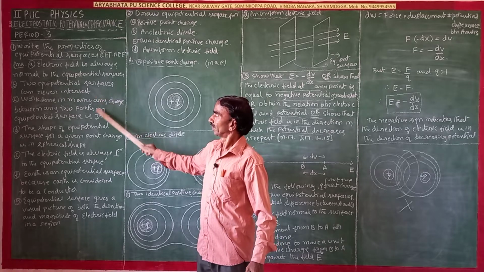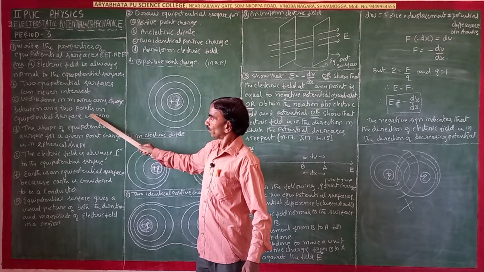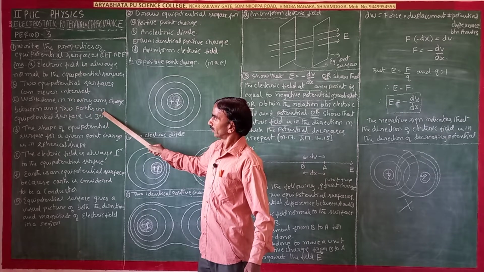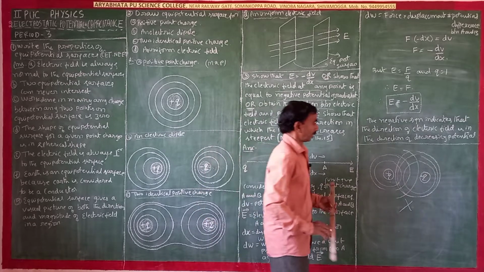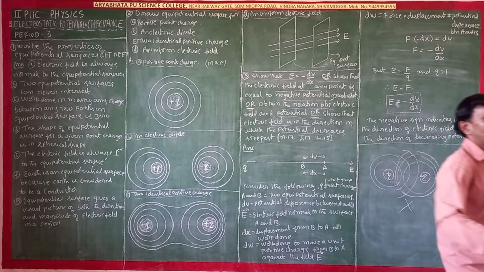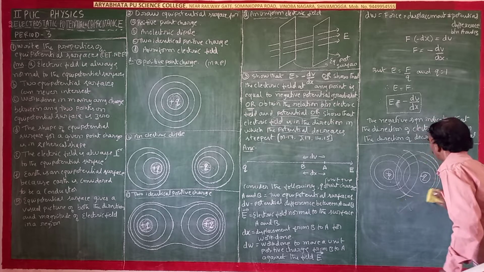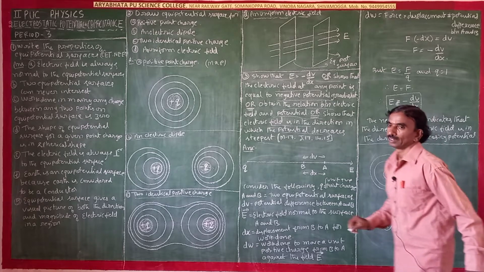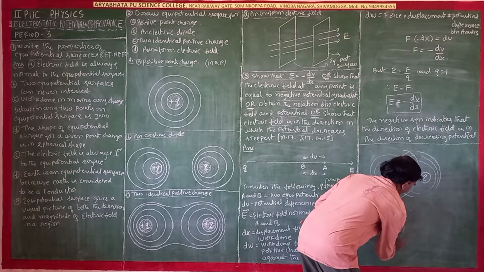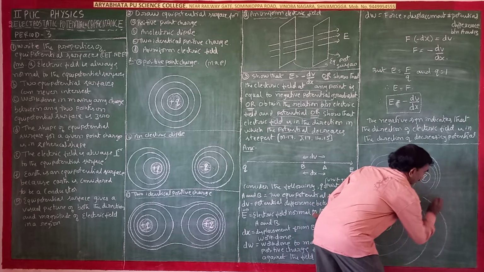Are you following? So, the work done in moving any charge between two points on an equipotential surface is 0. Suppose this is a positive charge, and around it an equipotential surface is there, like this.